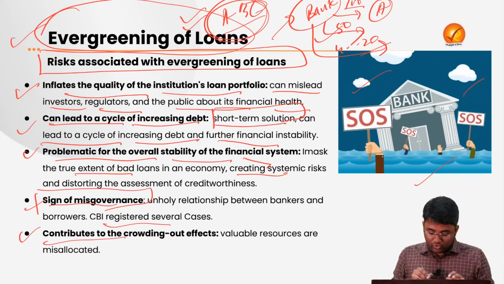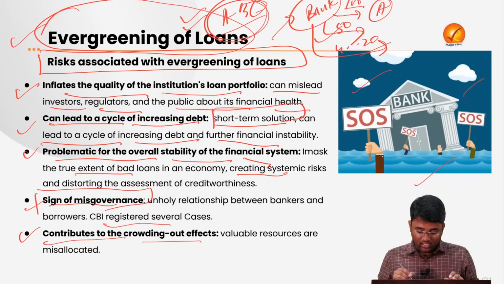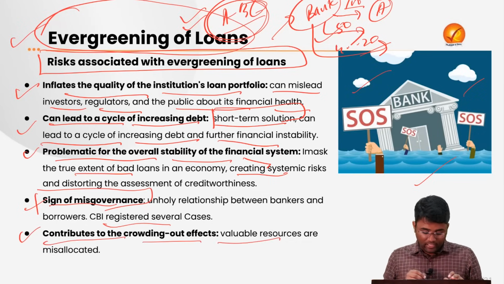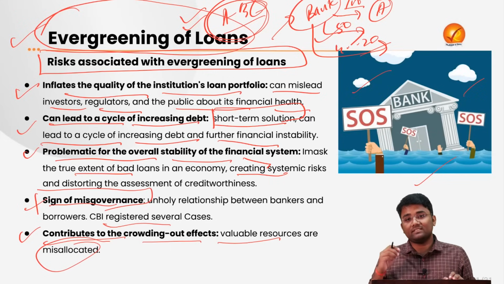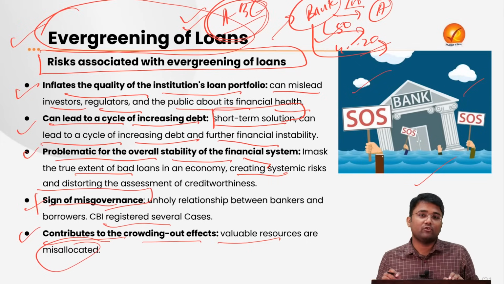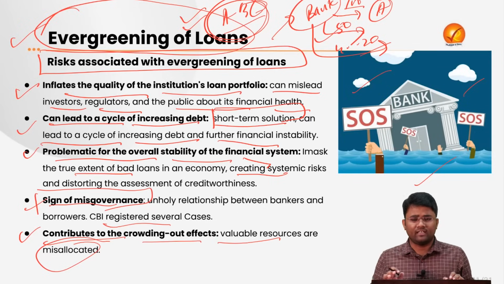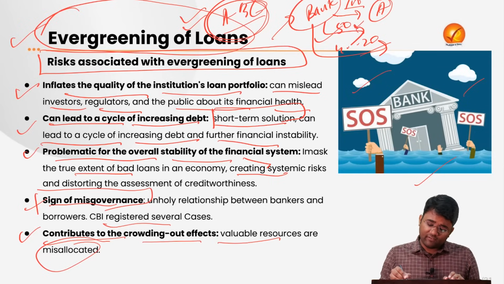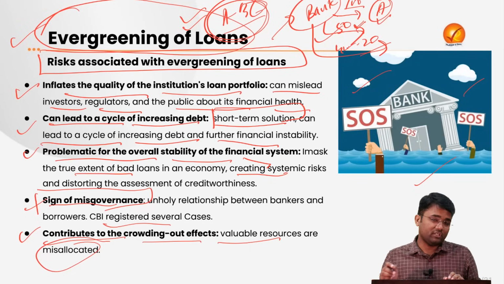Then it also contributes to the crowding out effect, and it hampers valuable resources because they are now being misallocated. Now, the same example: this person A has already taken 1 lakh rupees, let's suppose for the establishment of a business, but he has not used that loan, and has spent that money on gambling or other activities. Now again the bank has given 50,000 to person A, again 40,000.